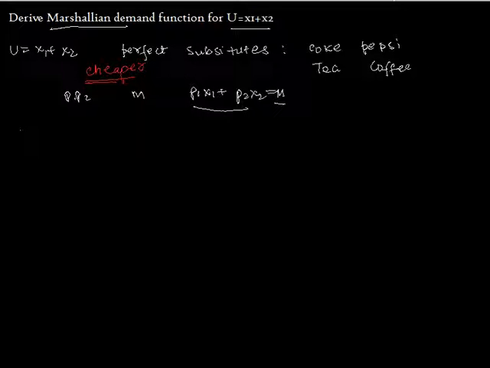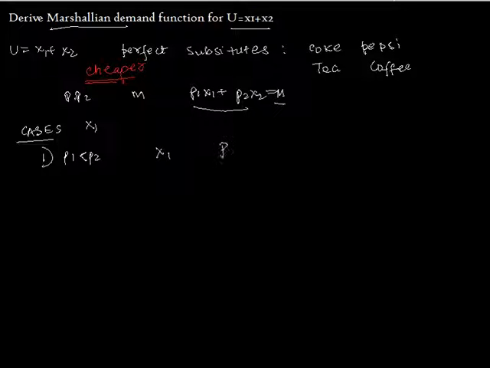Now, there are several cases in this question. If P1 is less than P2, and we are going to derive the demand functions for x1, which one is the cheaper commodity? x1 is the cheaper commodity. So you'll buy all of x1 because it is giving you equal utility and it is cheaper. You will not buy anything of x2.